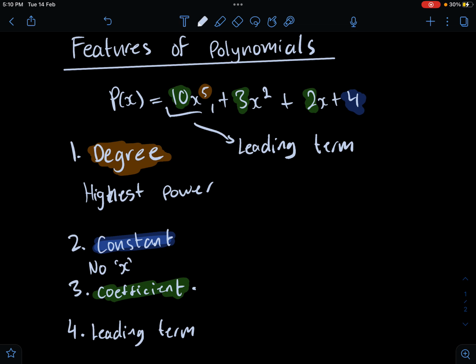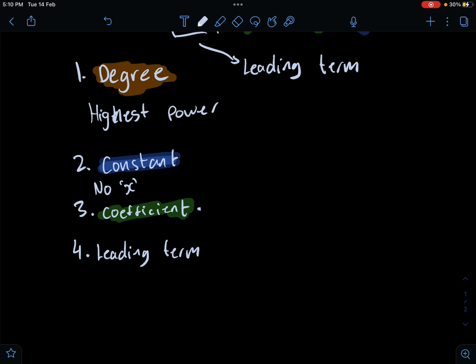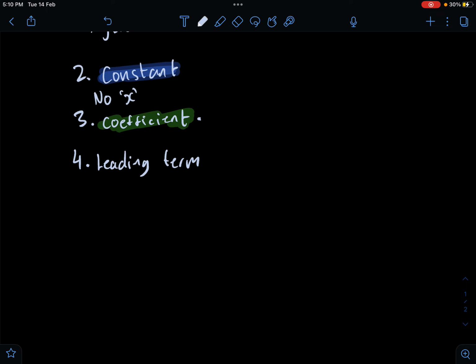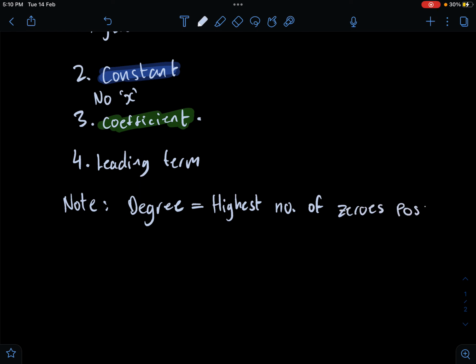And just something to note, this isn't necessarily a term, but your degree, note, degree equals highest number of zeros possible.